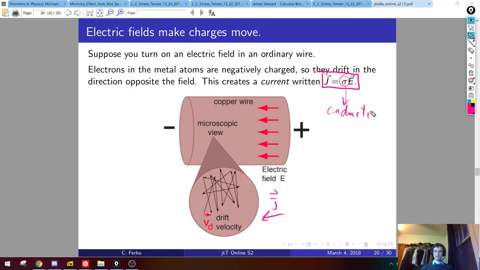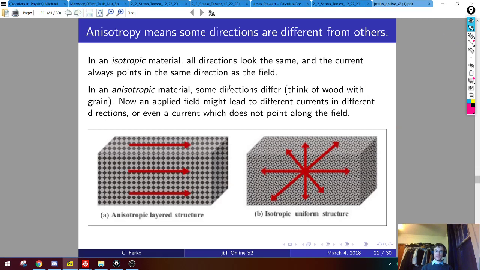If sigma is very small, then you apply a huge electric field times a small number and get a very small current. If conductivity is huge, as in a superconductor, then you apply just a small electric field and get a huge current. Good, so this is how ordinary materials work, but we'll see that this isn't actually good enough.